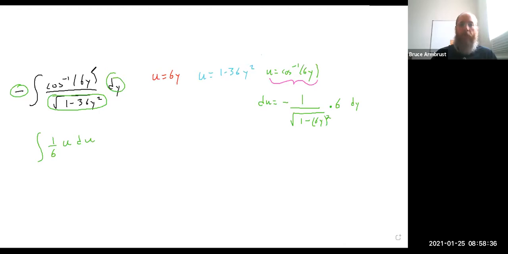Because the inverse cosine, that was u. All the rest of the stuff in there is the du with the exception of the 6. So if I divide out the 6, maybe this will show it to you a little bit better. All the stuff I circled there in green is the right-hand side of this, so I just replaced it with the left-hand side, the du over 6.